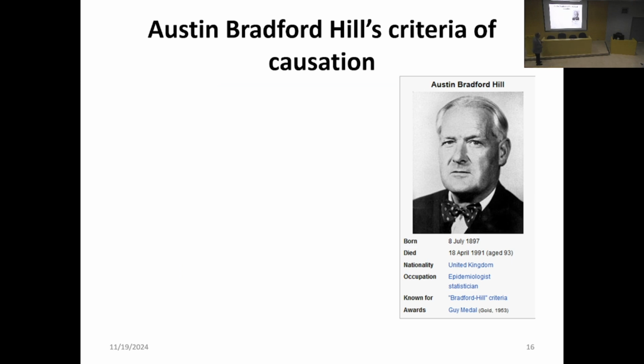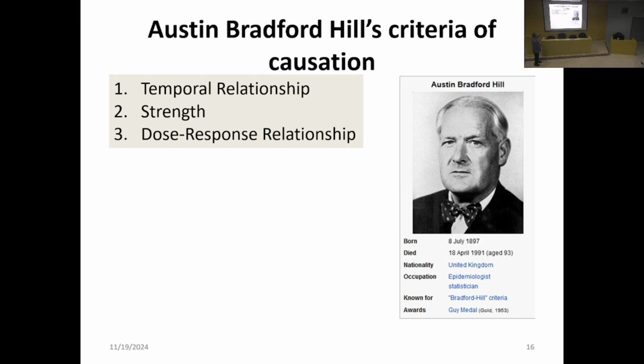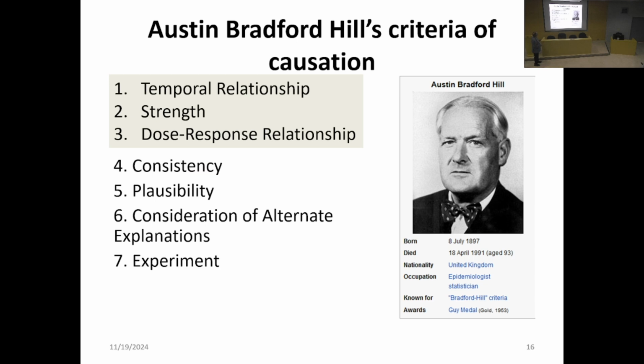And finally, there are a lot of other criteria that were proposed by Austin Bradford Hill as criteria of causation. The most important, the first 3, we discussed in detail with examples. There are others, like consistency, plausibility, consideration of alternate explanations, experimental demonstration, specificity of the relationship, and coherence with other studies.